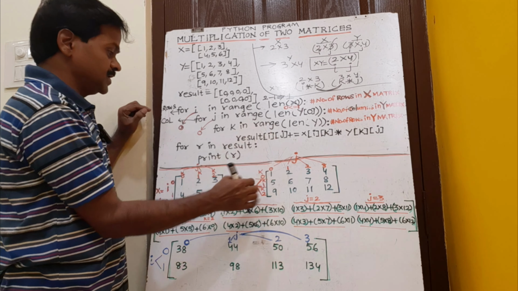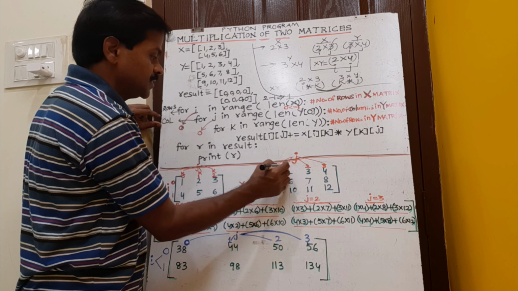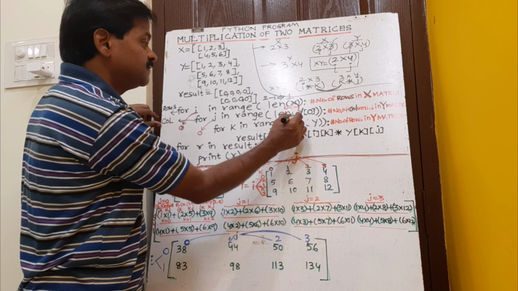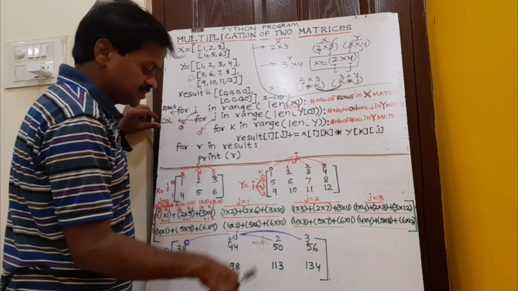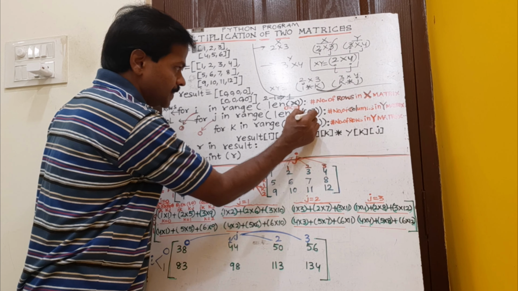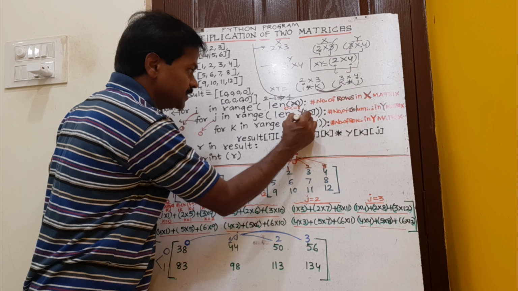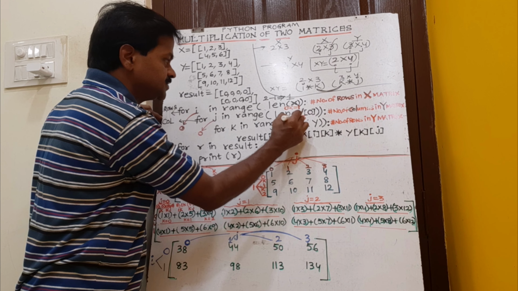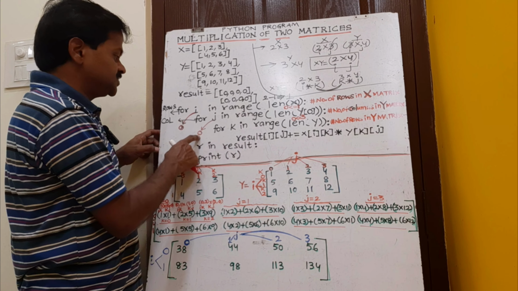How many columns are there in the Y matrix? 1, 2, 3, 4: the 0th column, first column, second column, third column. So 4 minus 1 is 3. Our condition is 0 less than or equal to 3. Yes. Now I is 0, J is 0.